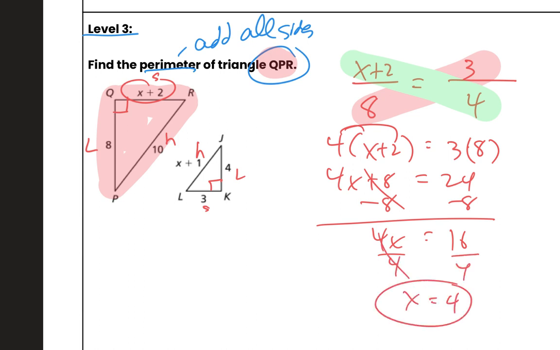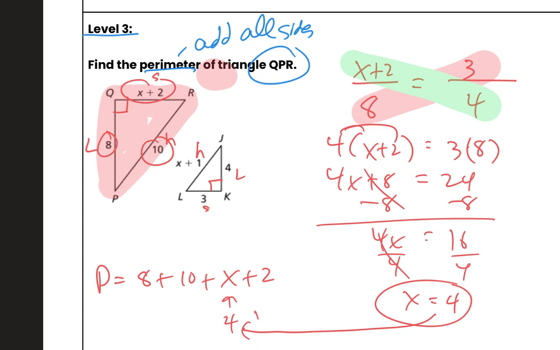Okay, so if x equals 4, though, to find the perimeter, we need to add all the sides. So we have 3 different sides, right? So the perimeter is going to be equal to 8 plus 10 plus x plus 2, and instead of the x, we're going to put 4.